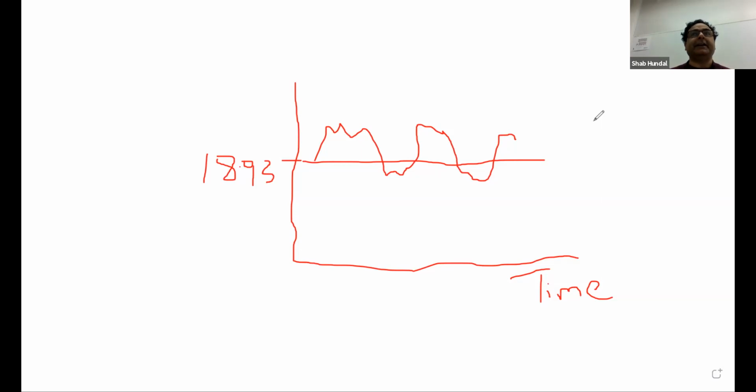Remember, in this case, 18.93, which is a theoretical price, I can also call it an average expected price. But actually, the real price has been going above it. This discrepancy between the reality, which are these lines, and the theory is called an anomaly.